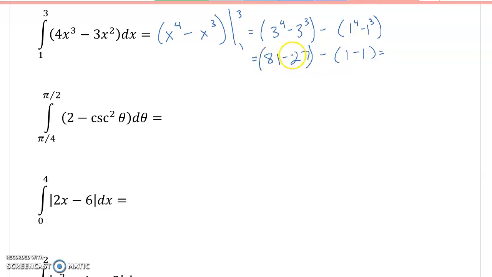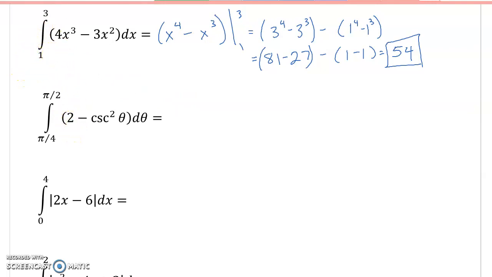So 81 minus 27, subtraction is hard. So we'll subtract 30 and go down to 51 and then add 3 to get back up to 54. All right, so that would be the area under the curve. You can always double check these in a calculator as well. So it's worth playing around with that.